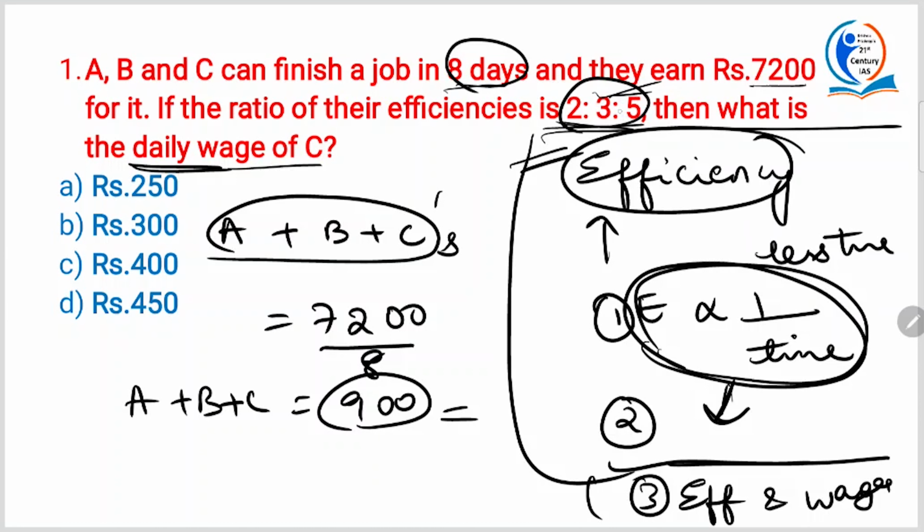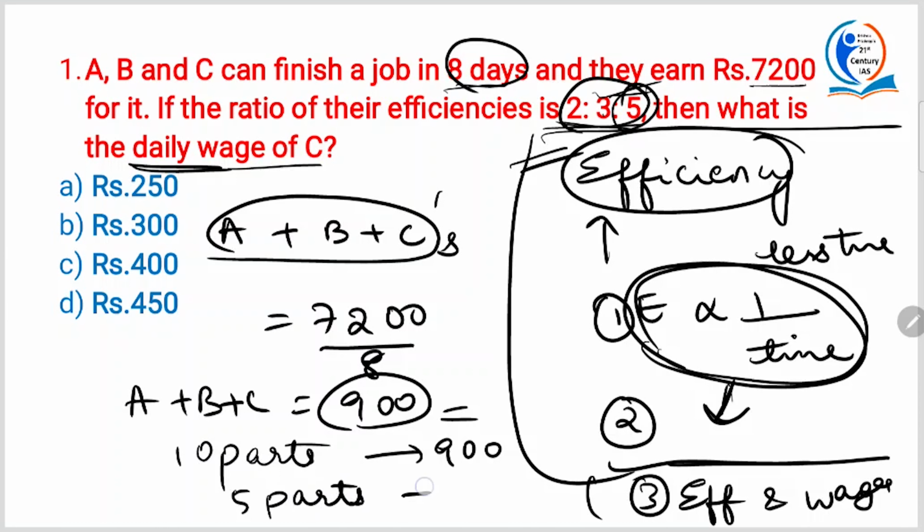What is the total number of parts? 3 plus 2, 5. 5 plus 5 is 10. So 10 parts is equal to 900 rupees. Then these 5 parts, that is the share of C, is equal to how much? It is half of it, because half of 10 is 5, half of 900 is 450. So D is the answer.